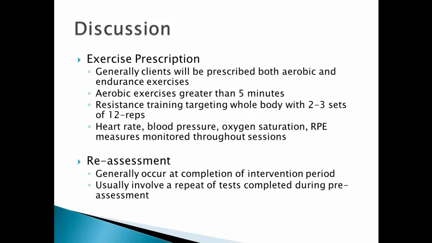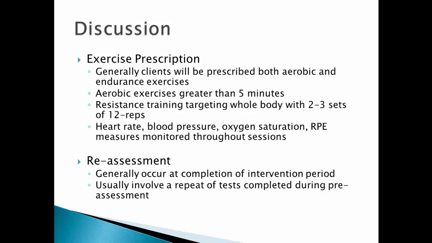Generally, clients will be prescribed both aerobic and resistance exercises, with aerobic exercises being longer than 5 minutes and resistance training targeting the whole body with 2 to 3 sets of 12 reps for each exercise.